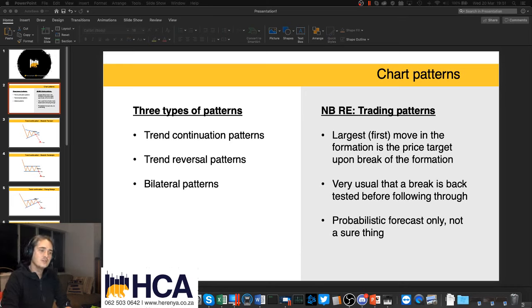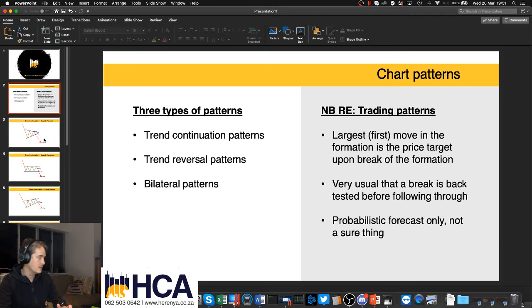And it is very usual for formations to break, retest, and then continue going. So you could have a triangle breaking out, a retest of that level, and then a continuation. That is very, very often the case. So the lines that I've drawn here are simplifications. Within them, there may be more moves than what is shown.